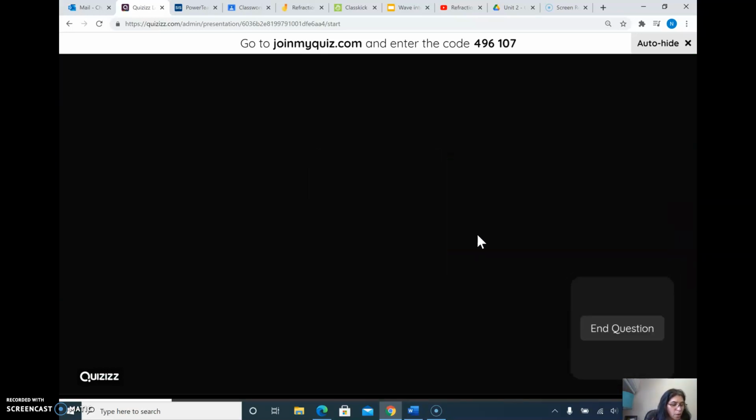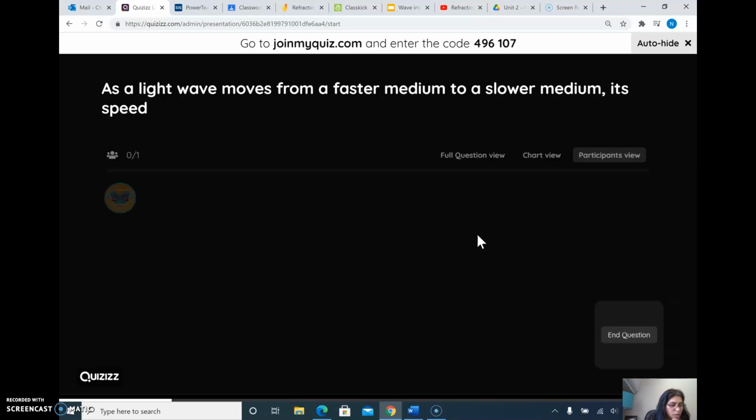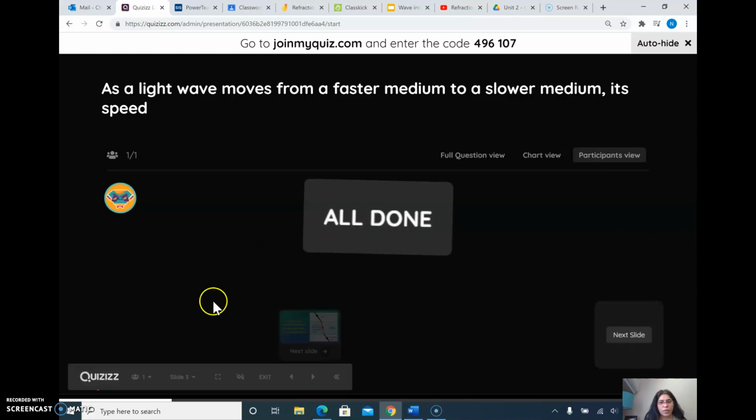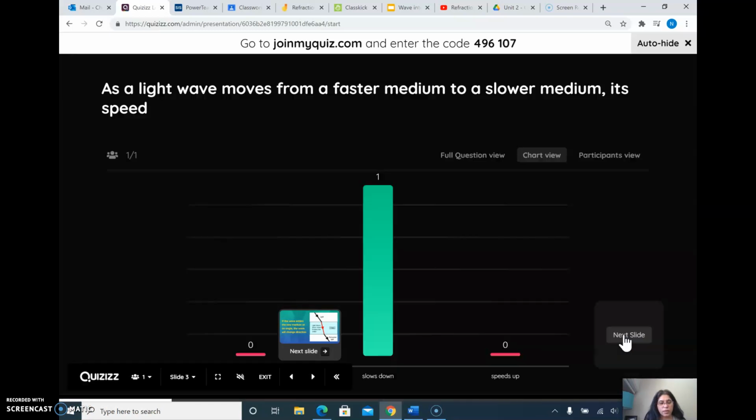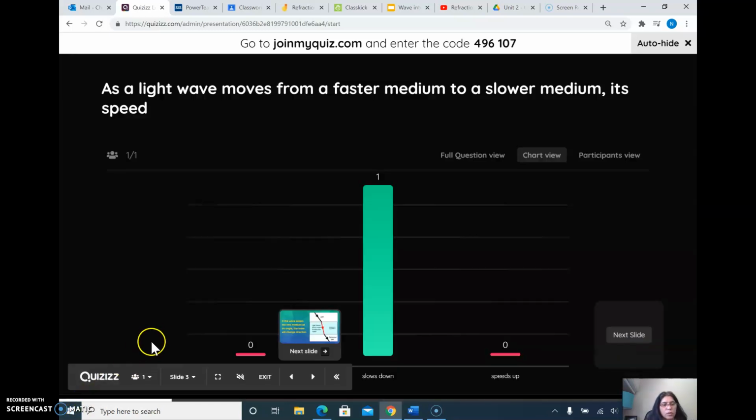As a light wave moves from a faster medium to a slower medium, its speed slows down. Let's go on to the next slide.